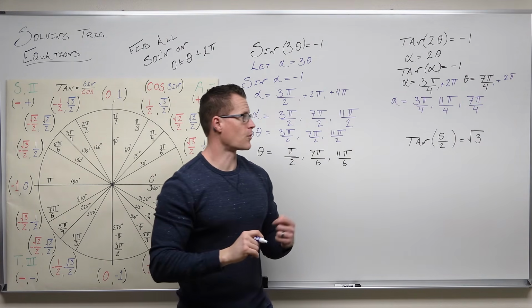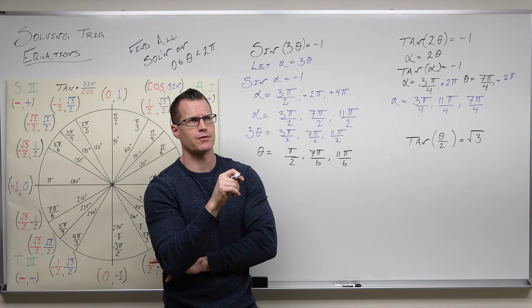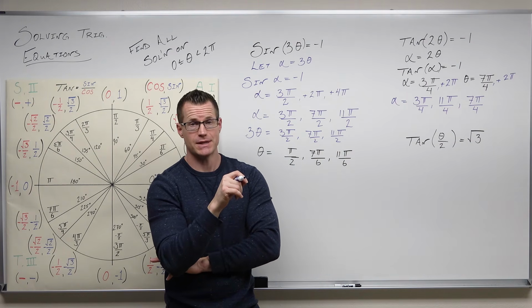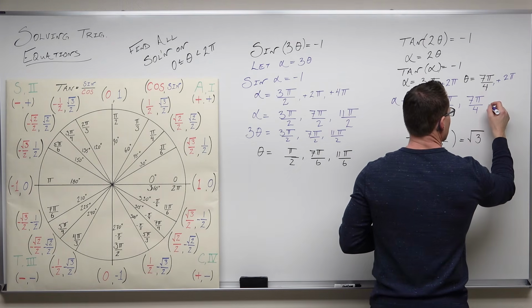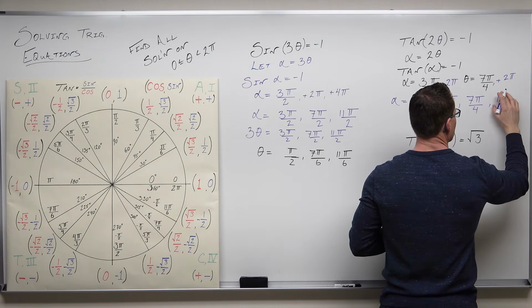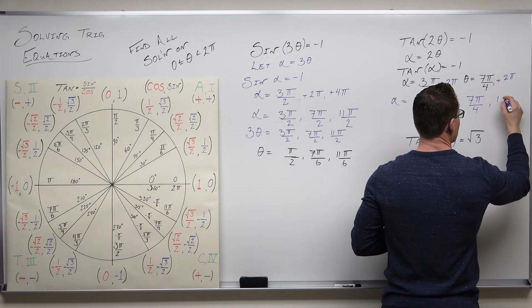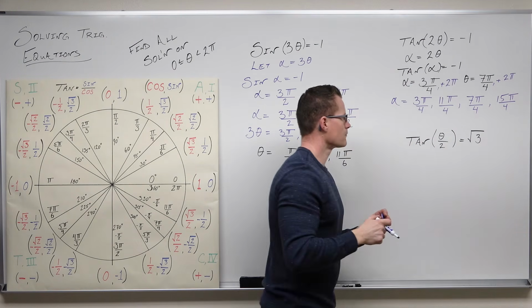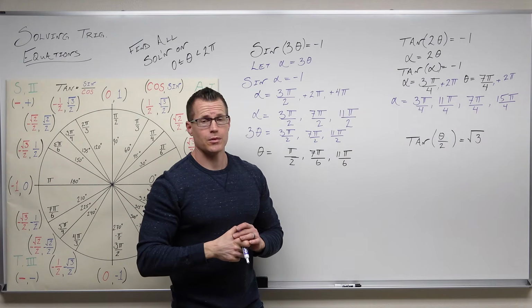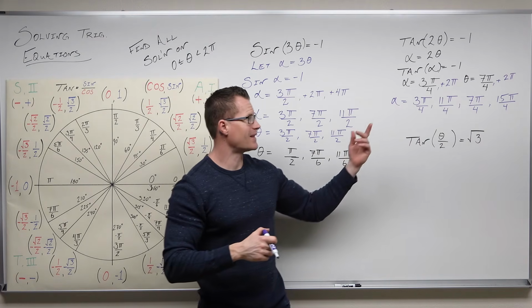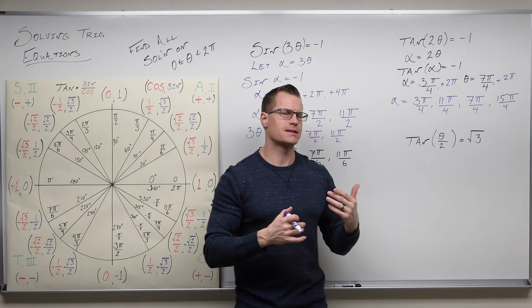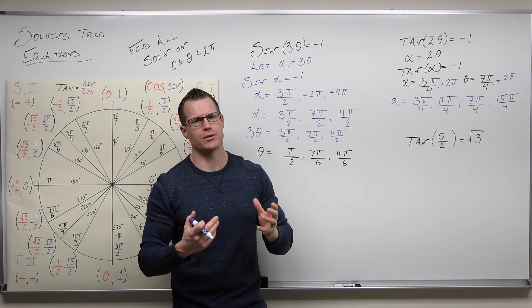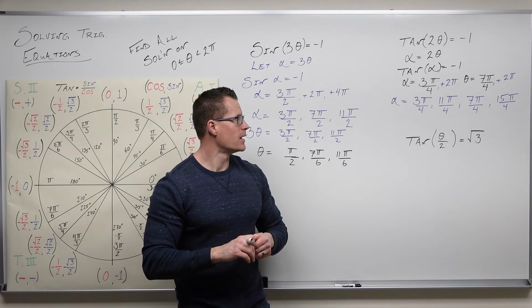And 7 pi over 4, let's see, 7 pi over 4 plus 8 pi over 4 is, oh man, 15 pi over 4? Now there's a couple of those that are more than 0 to 2 pi, and they are a little bit out of order. It's not such a huge deal, but we do want to try to put them in order if we can, from smallest to largest.